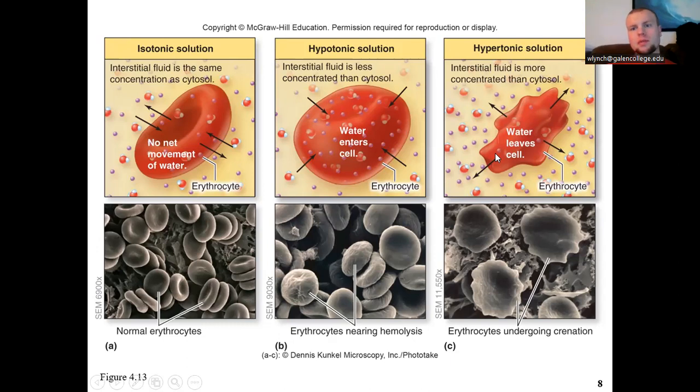If we have the shrinking mechanism occurring during a hypertonic state, this is known as crenation. Crenation is the process of shrinking or shriveling of a cell. And if it shrivels down enough, it will cease to work properly and die.